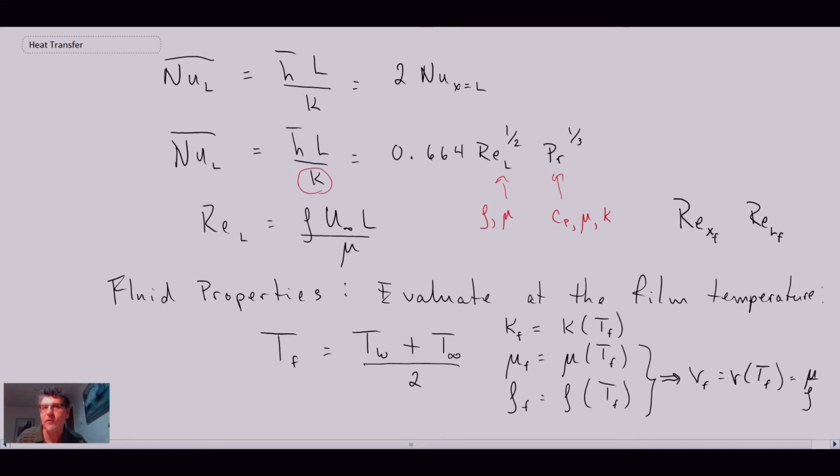The little f is denoting film temperature, meaning that the properties are evaluated at the film temperature. So that is how we are able to compute the heat transfer coefficient as well as the Nusselt number for an isothermal flat plate with a laminar boundary layer.